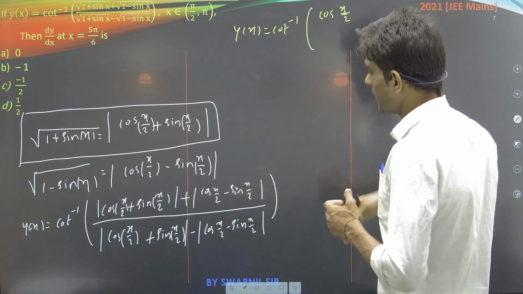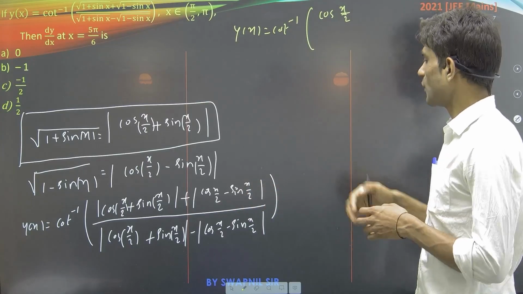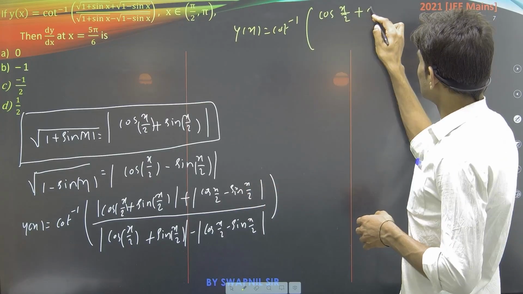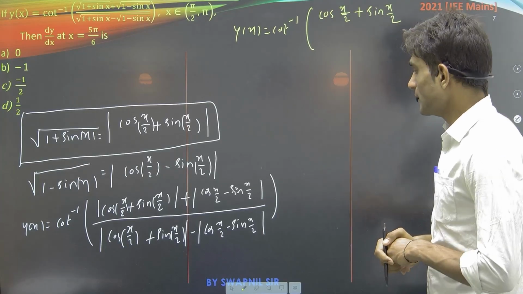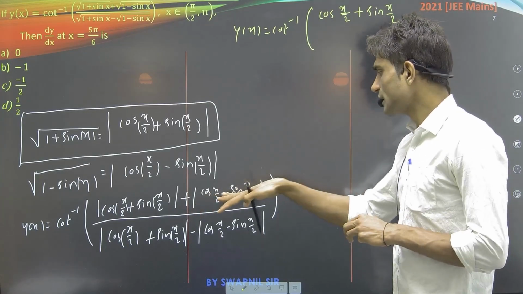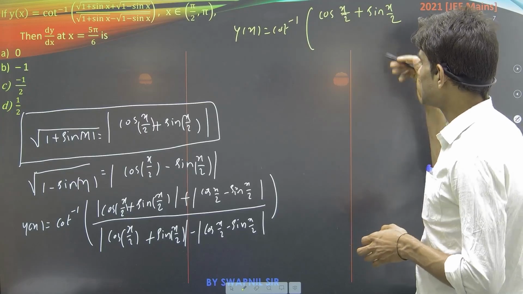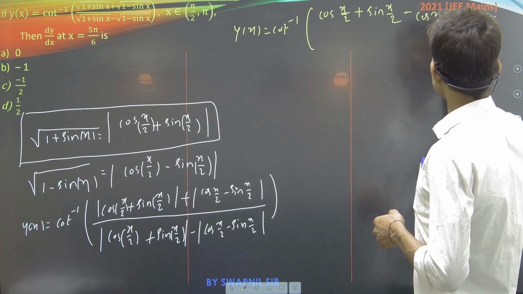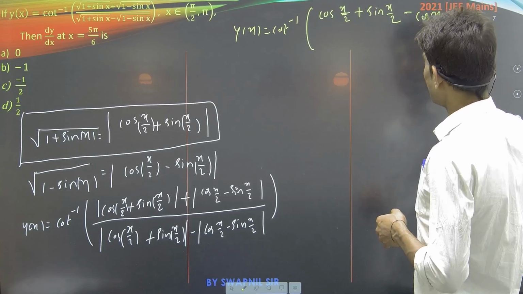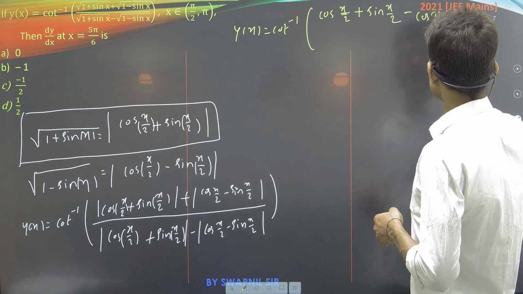Let's go for expanding the next part of the modulus. Under modulus, cos x by 2 minus sin x by 2 gives us the value minus cos x by 2 plus sin x by 2.